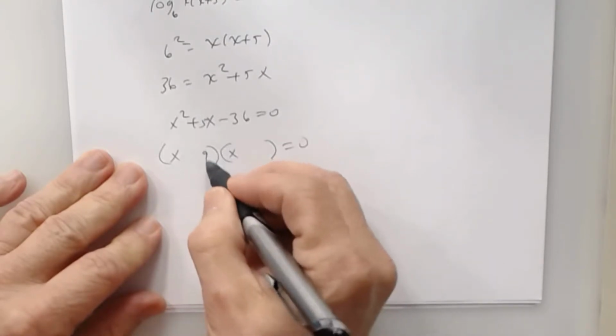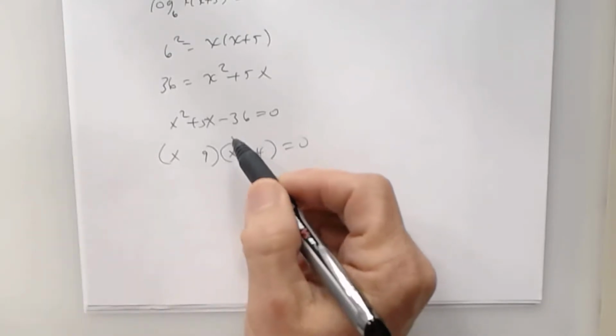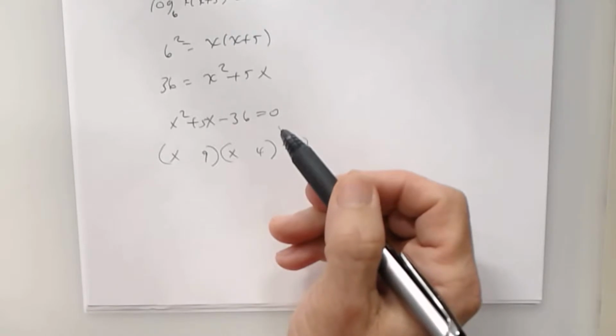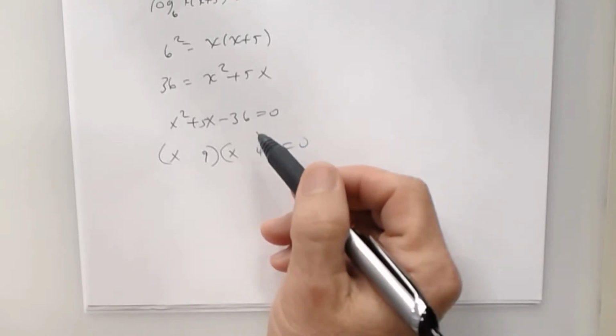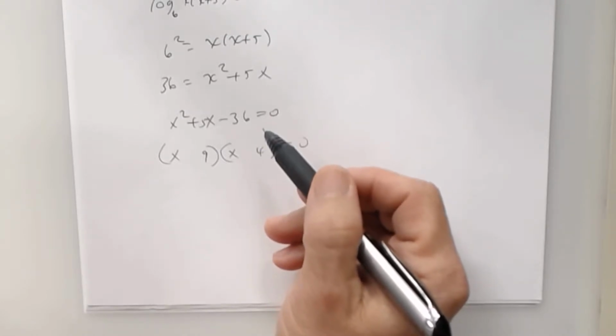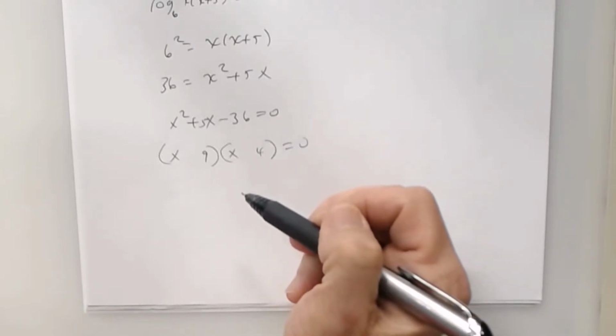So you see how some of you were spending some time trying to figure out, well, do I need 12 times 3? Do I need 2 times 18? If you're in that situation, then go directly to the quadratic formula.